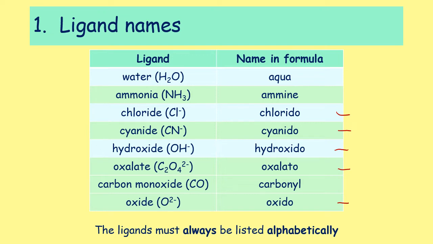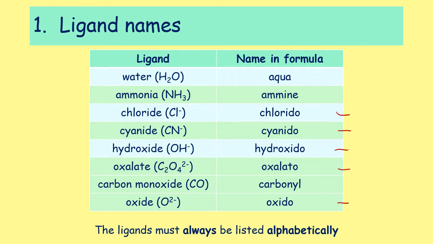And for every single one of these, the only thing that changes is the last letter. Chloride becomes chlorido. The same would happen for fluoride to fluorido, bromide to bromido, cyanide to cyanido, oxalate to oxalato, and oxide to oxido. If it is a negatively charged ion, you change the name by changing the E at the end to an O.